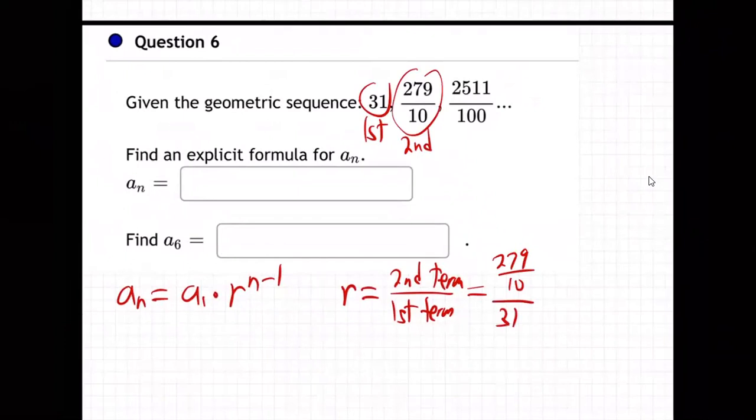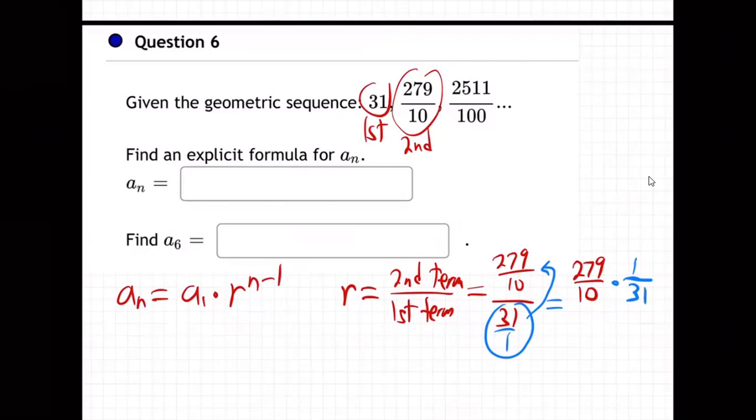Now that's weird looking. How do we divide a fraction by a whole number? Well, you put this guy over 1 and you flip it upside down, because remember, dividing is upside down multiplying. It's 279 over 10 times 1 over 31. Right, I just flipped it upside down.